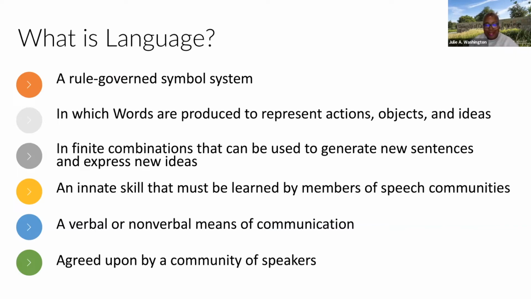There are finite combinations that you can use to generate new sentences or new words, or to express ideas in every language. And so, one of the games that people are really into now is Wordle. And I'm sure there are some people out here who play it. This third bullet, that there are finite combinations, is what allows you to be successful at that game.